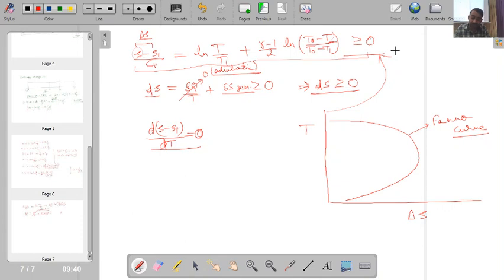And this particular equation will change if I change the value of mass flow rate. So over here, this particular equation is on a per unit mass basis. Okay, so if I have to calculate this for a given mass of the fluid, then that will get multiplied with it.